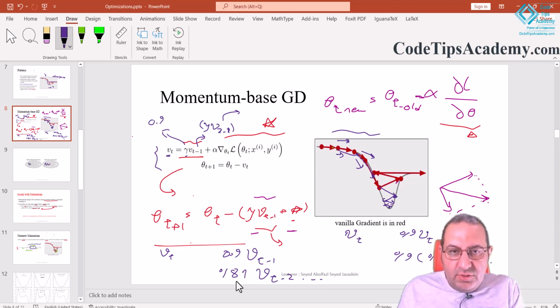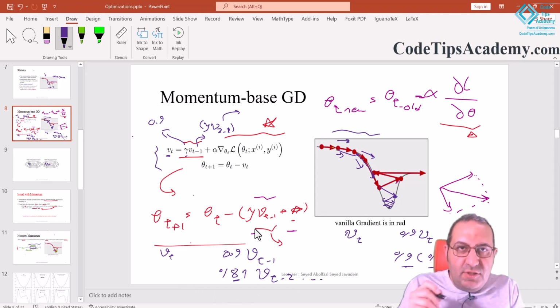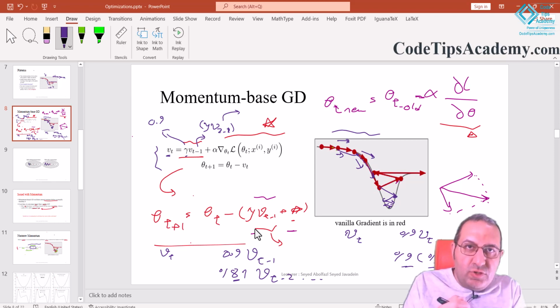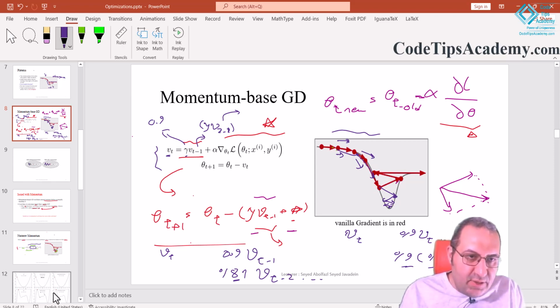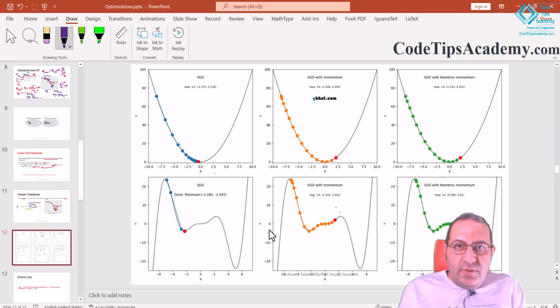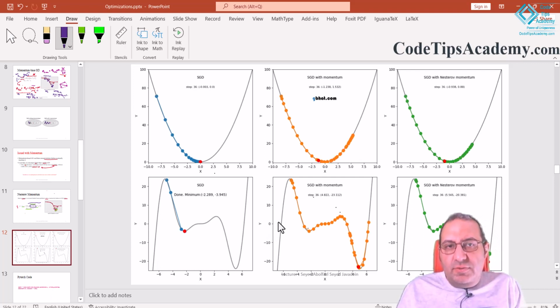Because this is the multiple of these two, in each step this is more dependent on the previous step, and this is something that we speak about today.